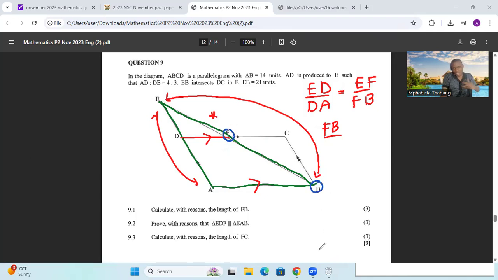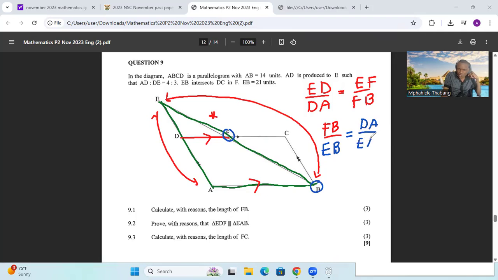So you can say FB over EB equals, when you go to the other side, DA over EA.